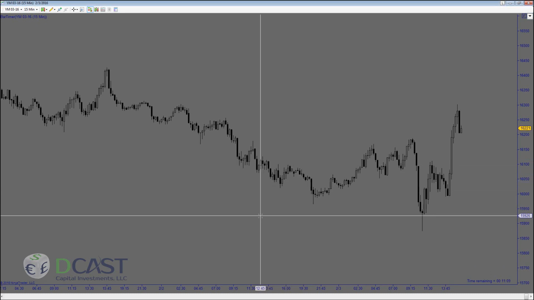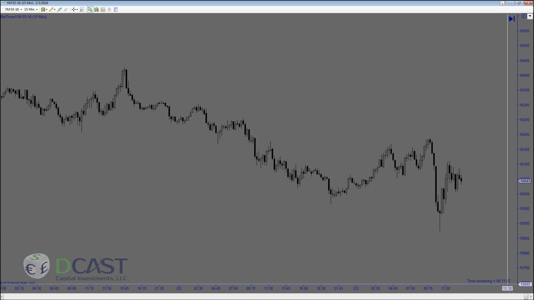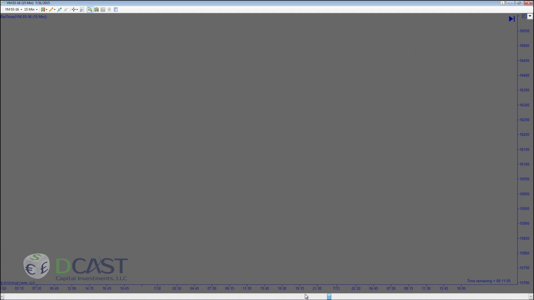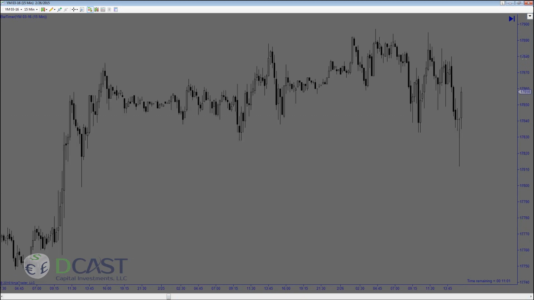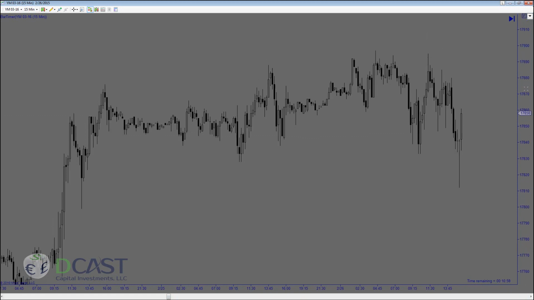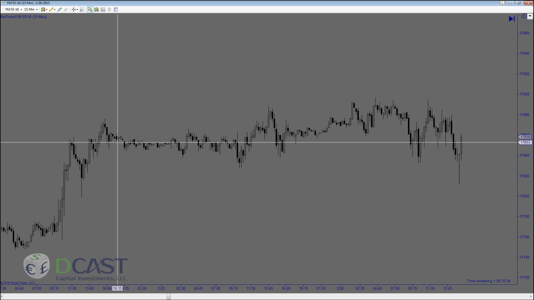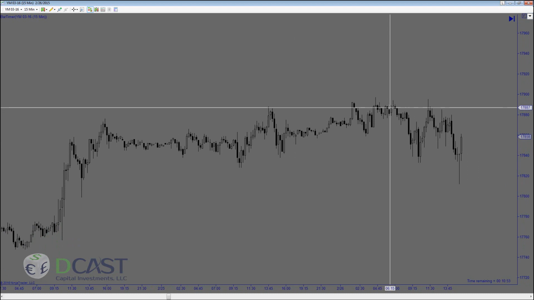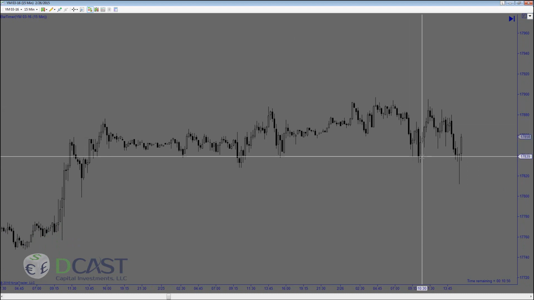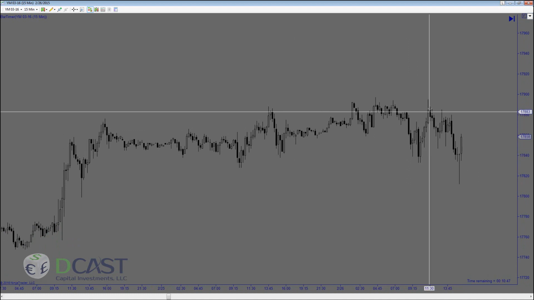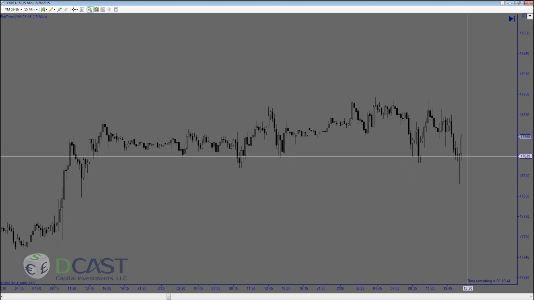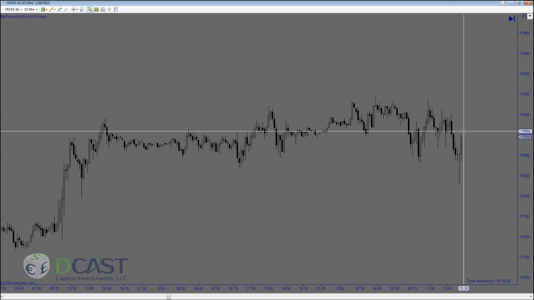I'm going to scroll back here into a random place. Let's go back here somewhere and hit the scale button, and we see that the market is generally moving sideways, and we've produced a weak new structure low, a lower high, and retested these lows. The market is coming up.